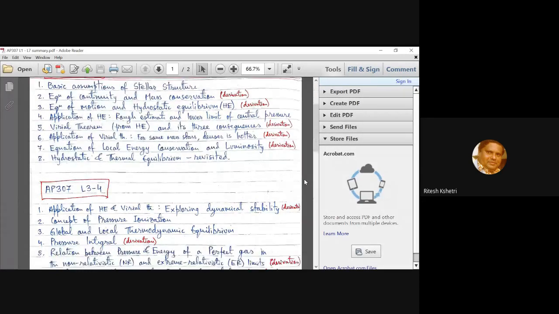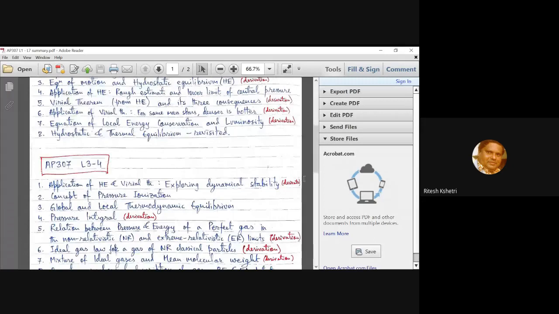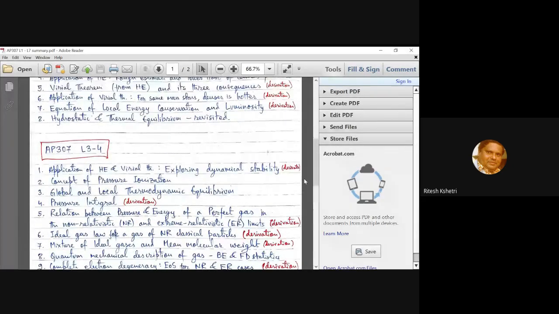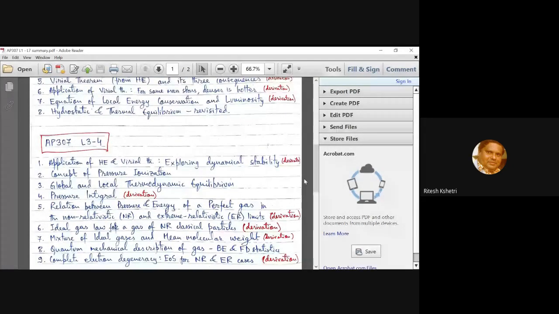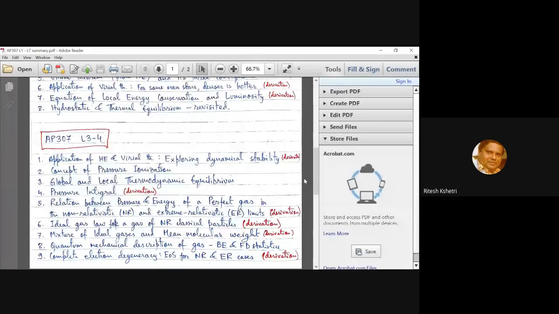Next, in the third and fourth lectures, again, we talked about an important topic, also known as the Newtonian theory of stellar evolution. We talked about the dynamical stability of a star and how to arrive at the condition, an adiabatic constant related condition, and we arrived at that relation using the equations of hydrostatic equilibrium and then the virial theorem.